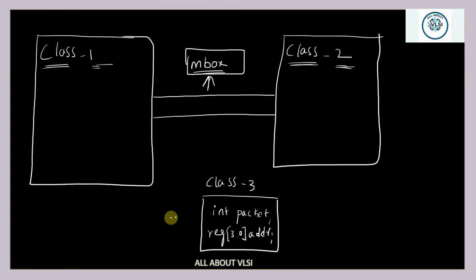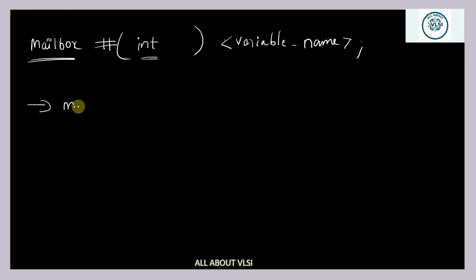If I want to send an object of this class via the mailbox from class 1 to class 2, I mention mailbox #(class_3) followed by the mailbox name. Let's say the mailbox name here is mbox.